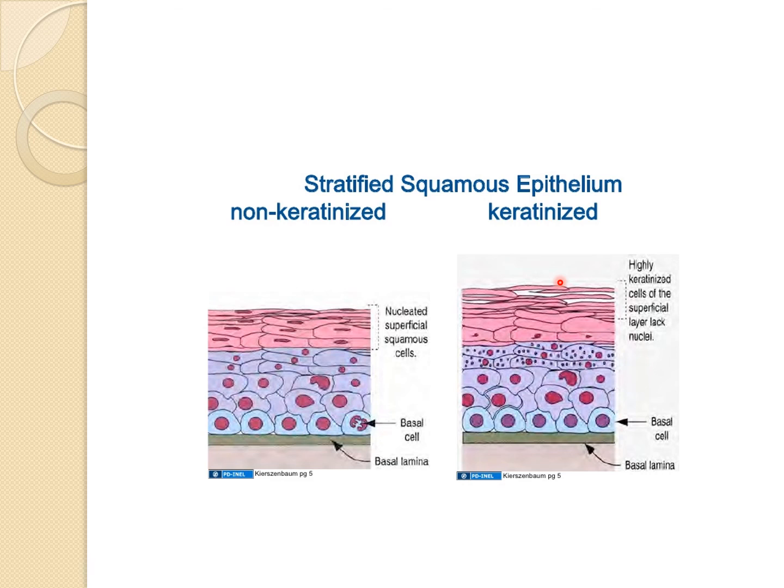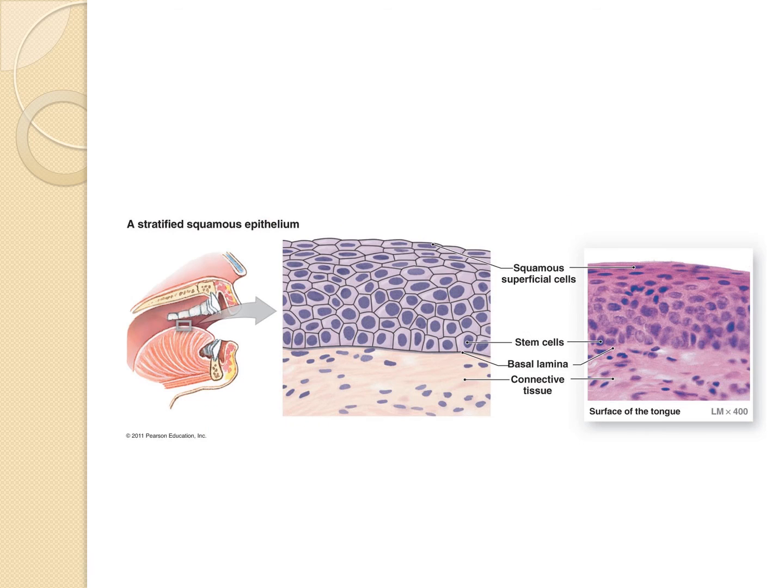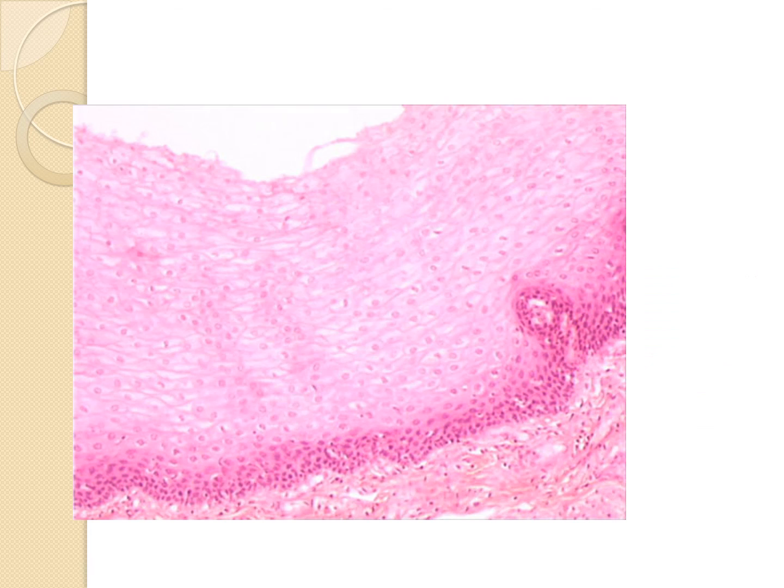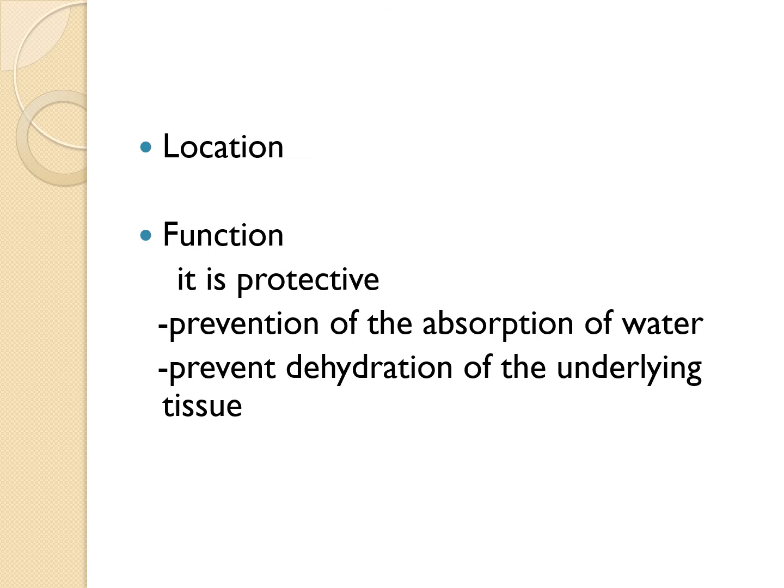So the stratified squamous epithelium is non-keratinized and keratinized. Here you can see the stratified squamous epithelium. These are the squamous epithelial cells, these are the stem cells in the basal layer, and this is the connective tissue. Here you can also see the protective nature of stratified squamous epithelium.